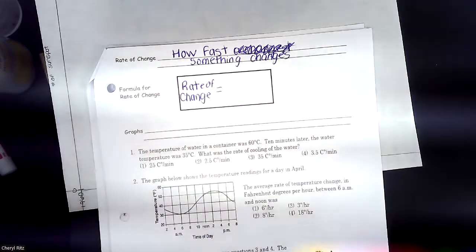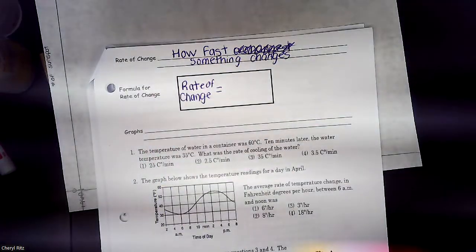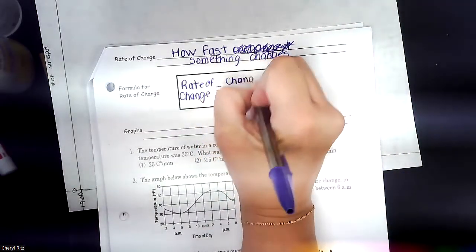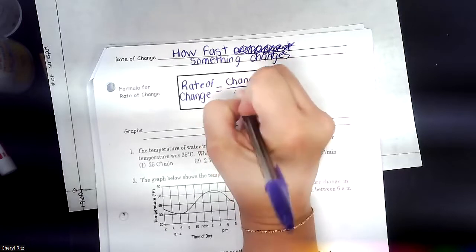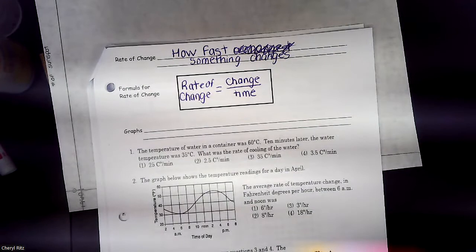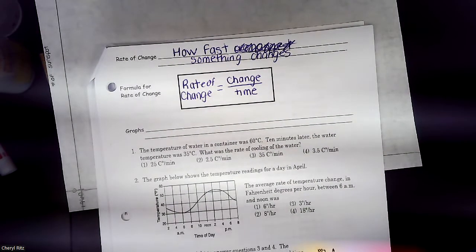And what is it equal to, guys? Rate of change is change divided by time. Perfect. And for a graph, we'll just copy it from there if you guys can see it.